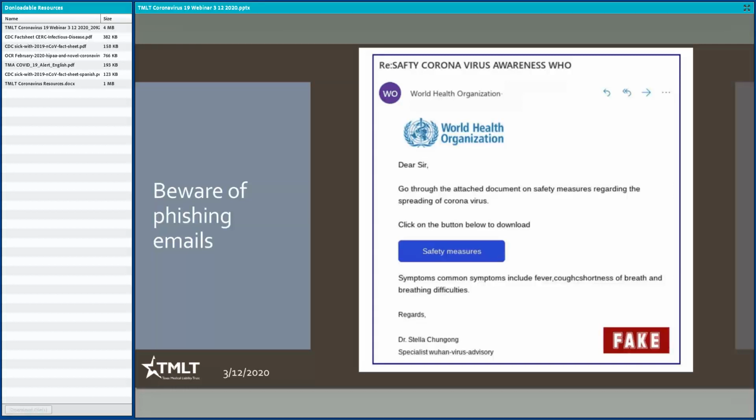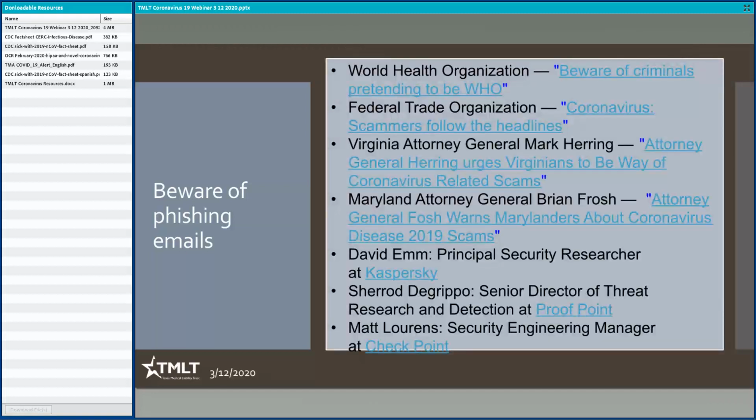It's really sad to learn that cyber criminals are taking advantage of the pandemic situation by issuing phishing emails. It's been several days since it first came out that there were fake emails circulating under the name of the World Health Organization about coronavirus.